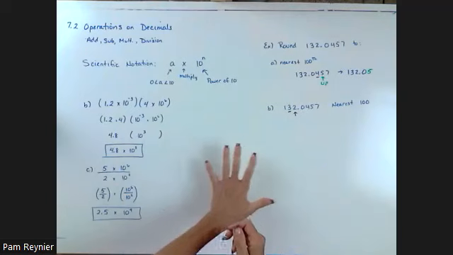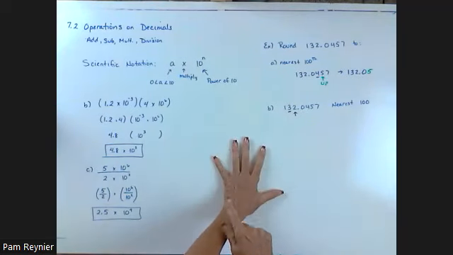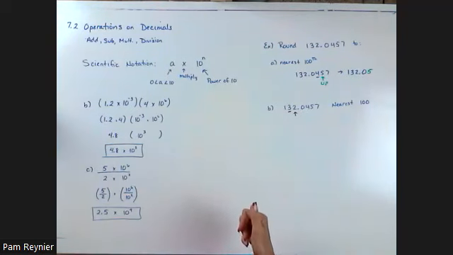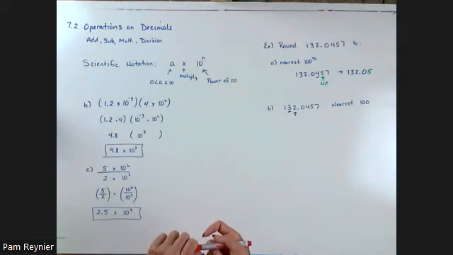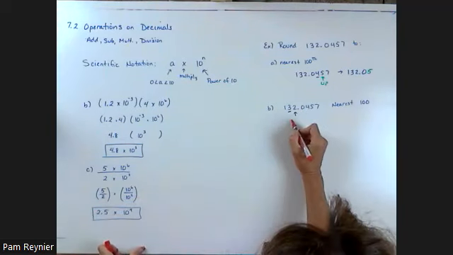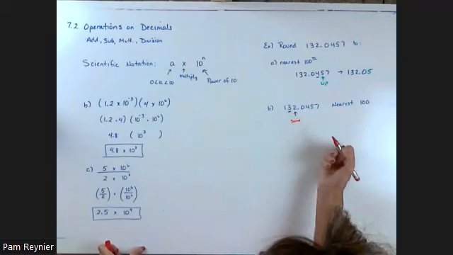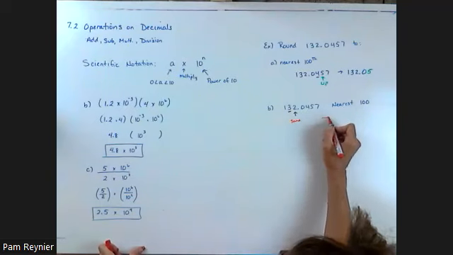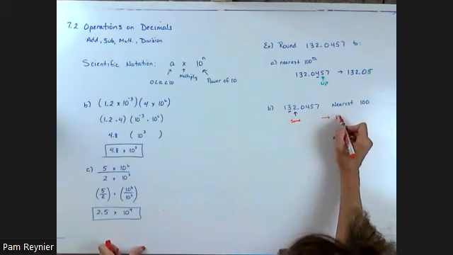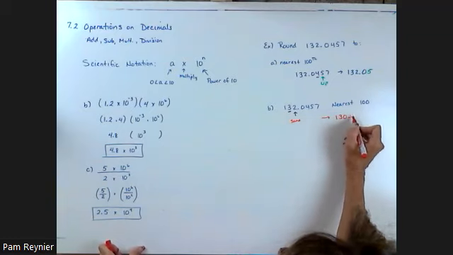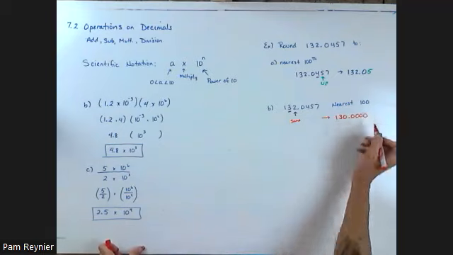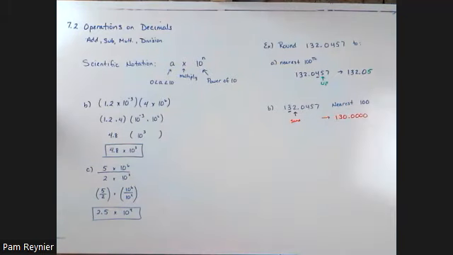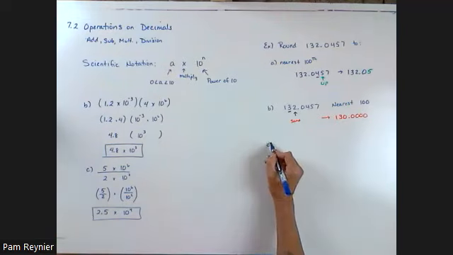Since there's only 2 of them, remember that's 0, 1, 2. We haven't gotten to 5 yet. So it doesn't round up, it stays the same. So this would round to 1. The 3 stays the same, everything else goes to zeros. So it rounds to 130. It would round down from 132 to 130.